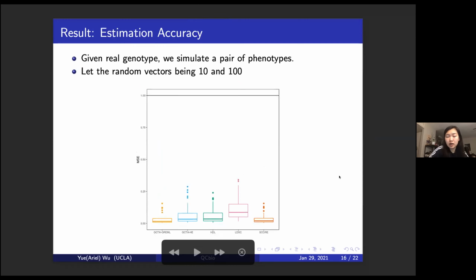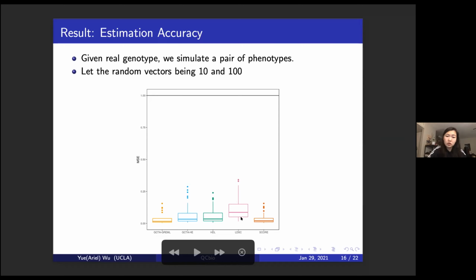Then we evaluated the estimation accuracy of our method. We compared to two individual-level data based methods, GCTA GREML and GCTA HE that we saw earlier, and also to two other methods, HDL and LD score. These two methods are summary stats based.